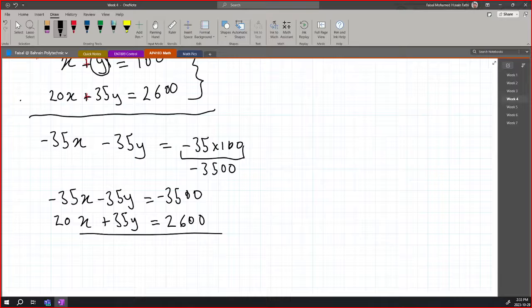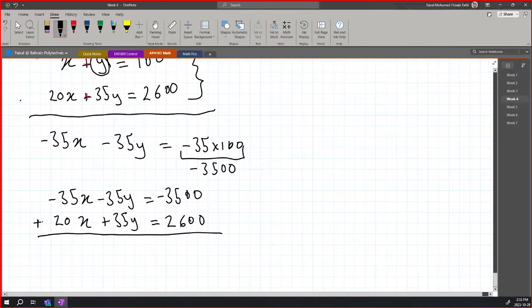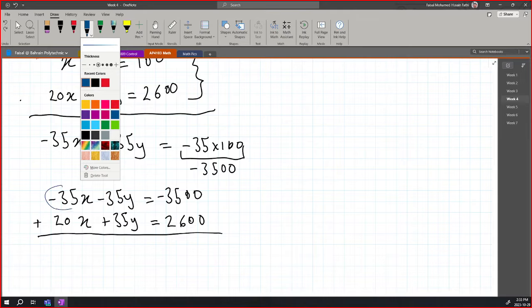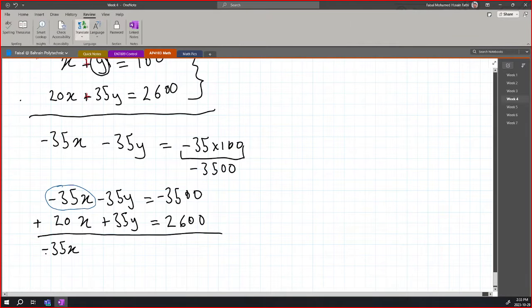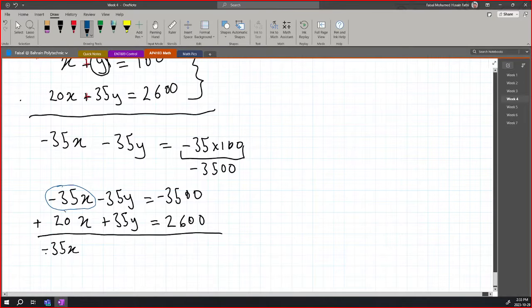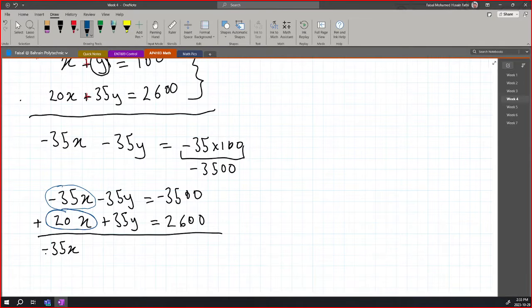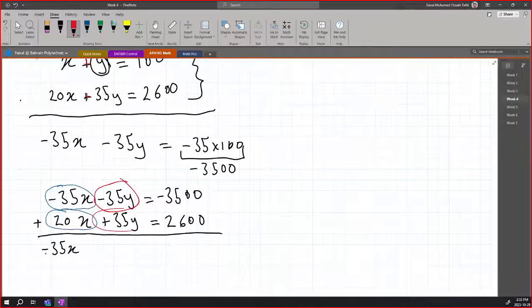We are trying to eliminate the y's here. So step by step, we look at the first component, minus 35x, then the second one, then the third one. Always write everything in order. Then the fourth one, and make sure you are doing the signs correctly.